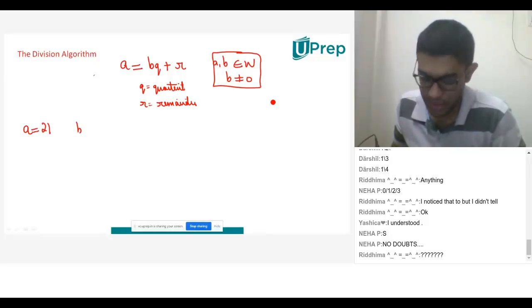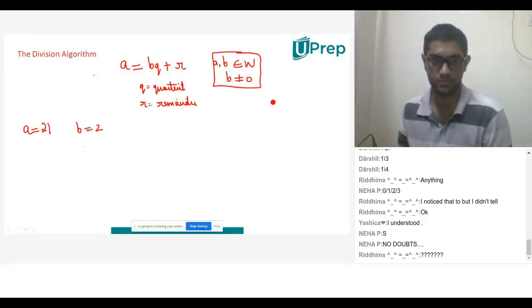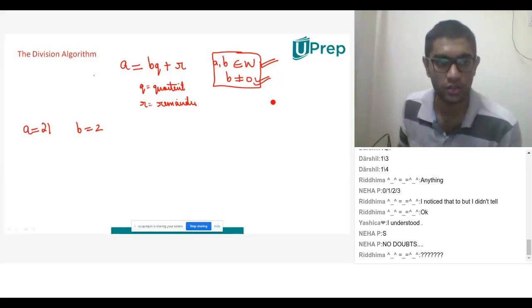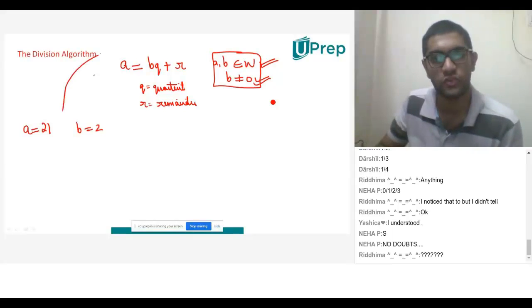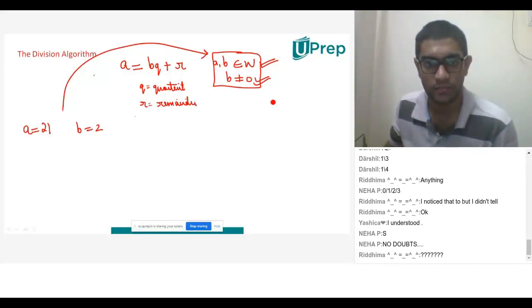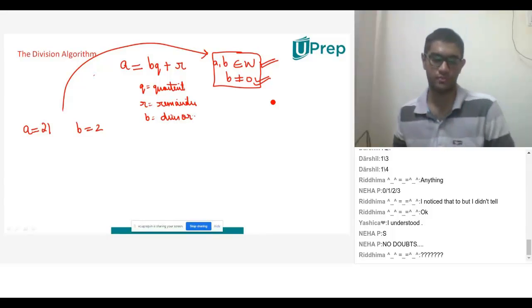B is equal to 2. A and B are whole numbers. B is not equal to 0. I have taken two numbers which satisfy this condition. And B is nothing else but the divisor.